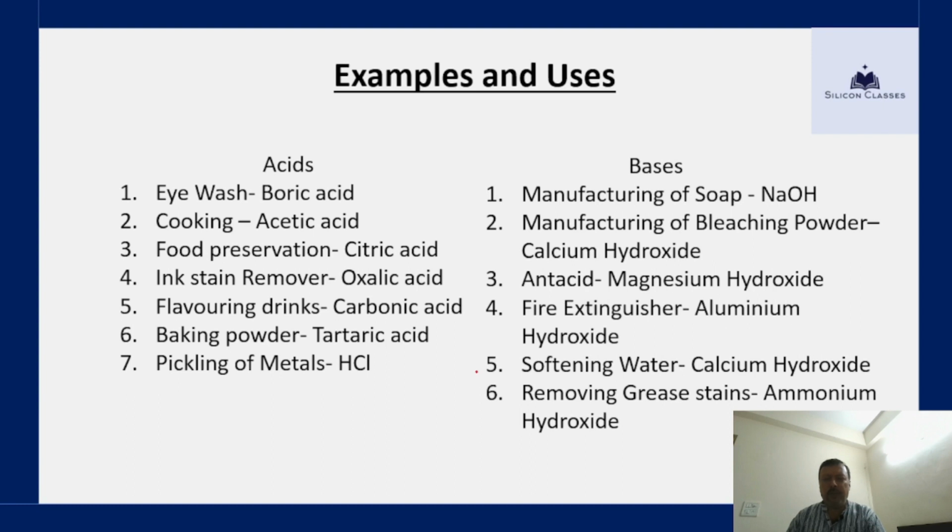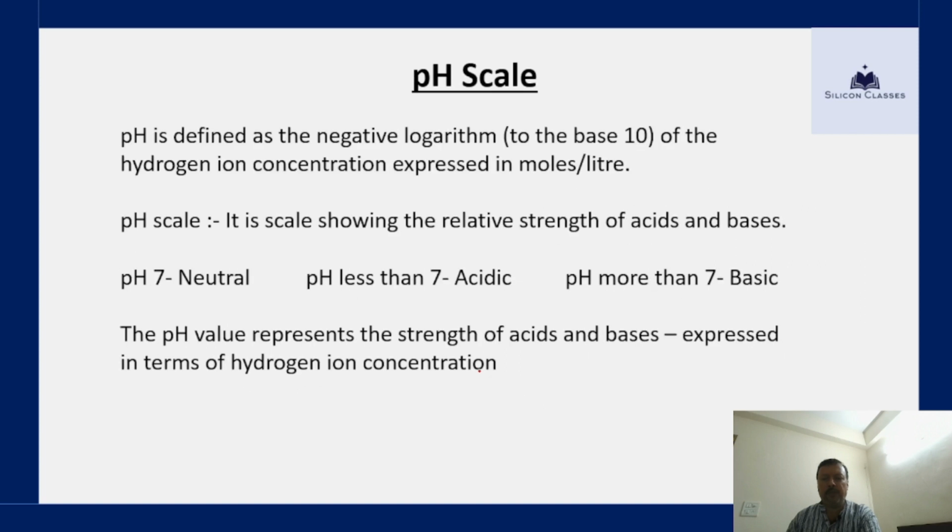Bases: manufacturing of soap, NaOH; manufacturing of bleaching powder, calcium hydroxide; antacid, magnesium hydroxide; fire extinguisher, aluminum hydroxide; softening water, calcium hydroxide; removing grease stains, ammonium hydroxide. So these are some uses of acids and bases.